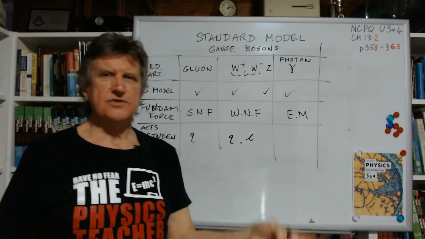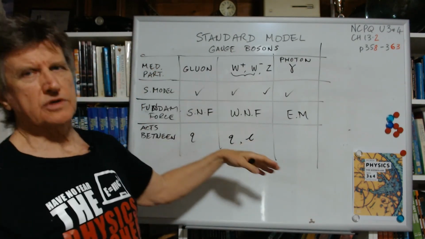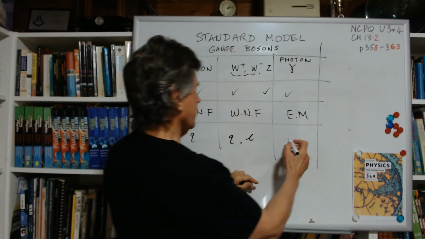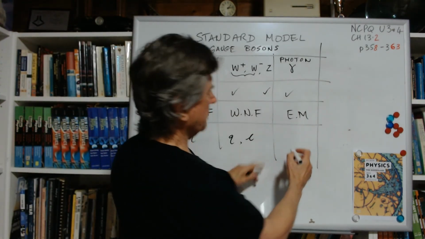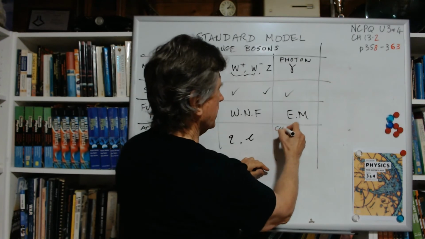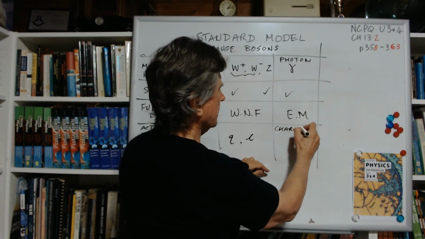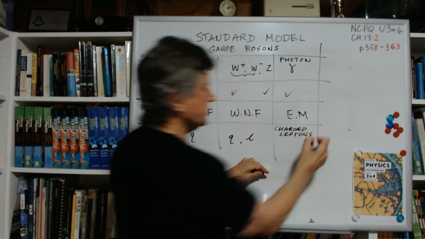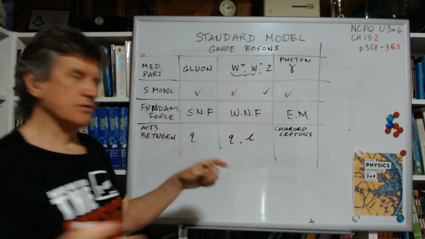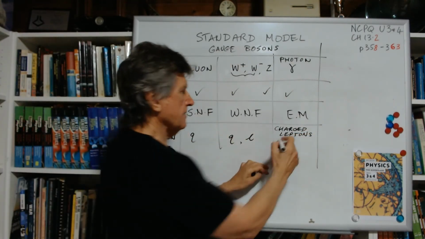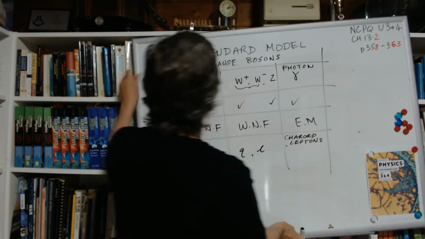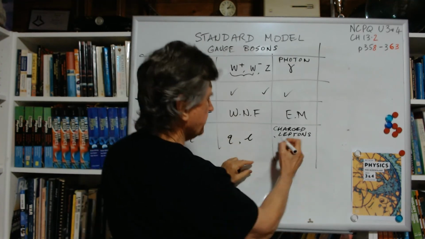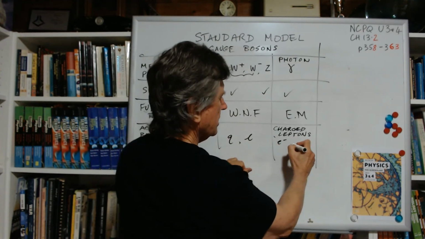Electromagnetic acts between charged leptons. Now, just so you've got your table right, when you're writing this down, this is between electrons, muons and tauons, and also between the antiparticles.